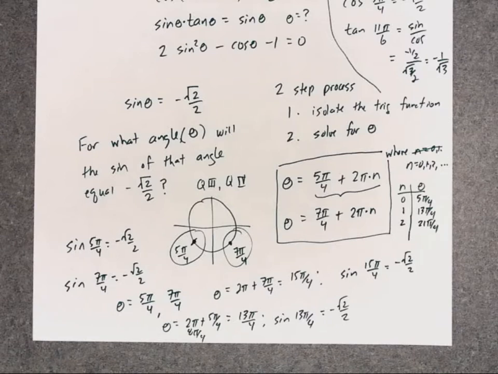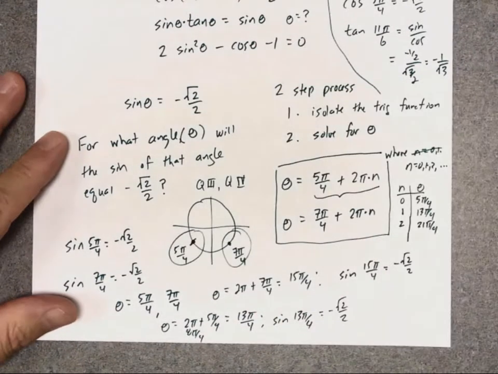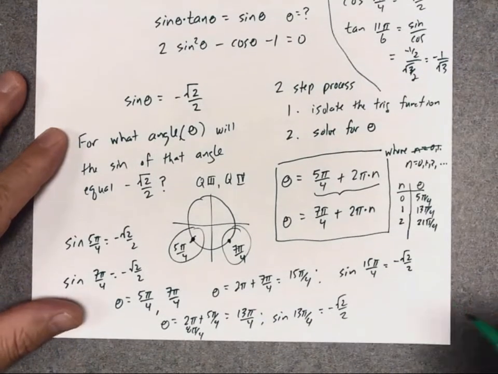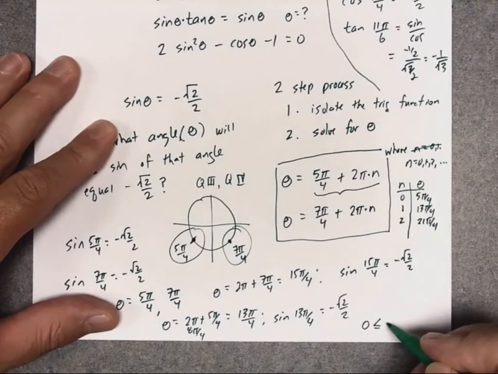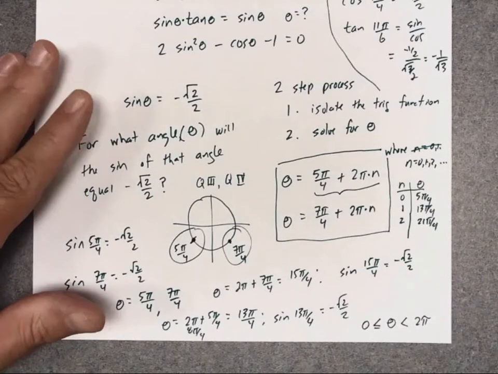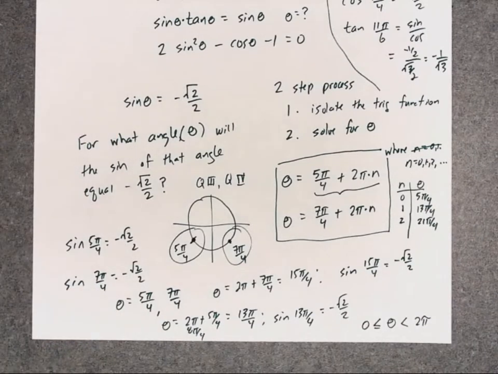Now I'll explain in the next video what they'll do sometimes. They'll give you an equation, but they'll say, but only give the solutions where the angles are between 0 and 2 pi.